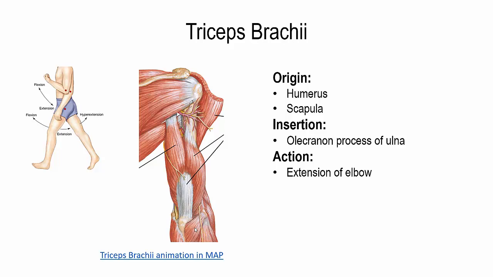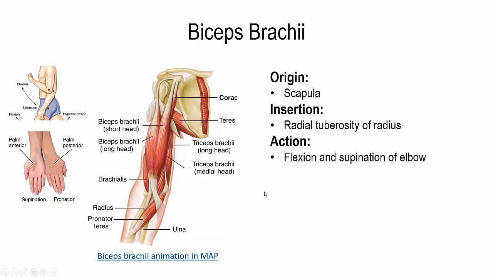So again, just demonstrating that with the origin of a muscle, when the muscle contracts, that attachment point is not moving, whereas the insertion is the one that is moving when the muscle contracts. Again, an animation for you to follow.